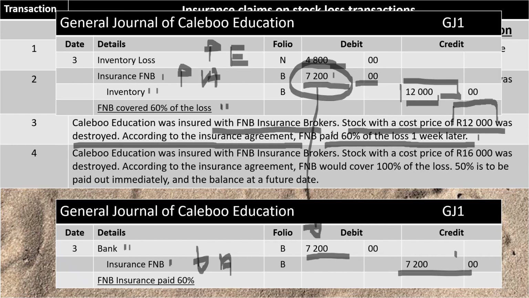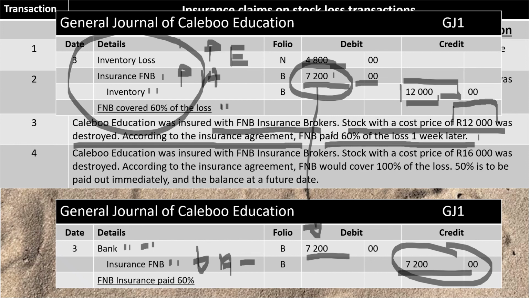Now they pay us, and we credit FNB Insurance. It's an asset swap. What happened was that FNB Insurance, a promise of cash at a future date, became cash when they paid us. So there we've recorded that our bank balance increased by the payout amount, 7,200. First the promise was to pay us, and then they paid us. There we go.